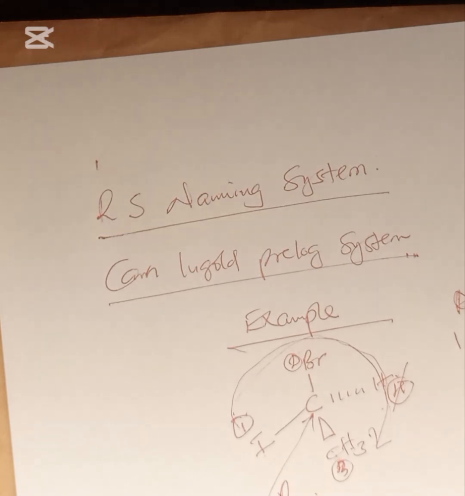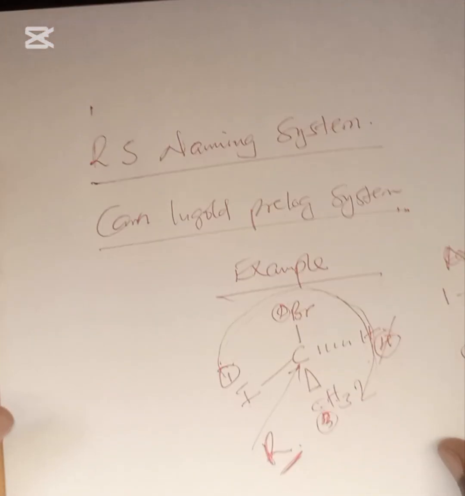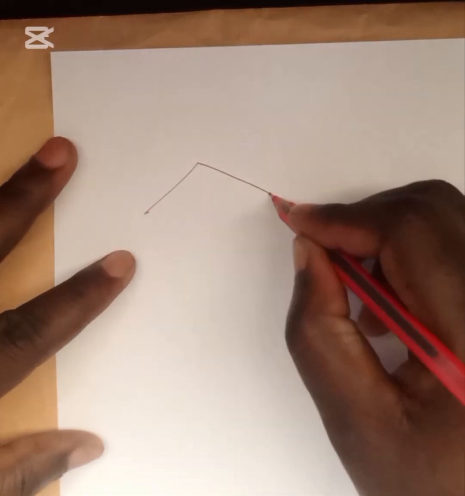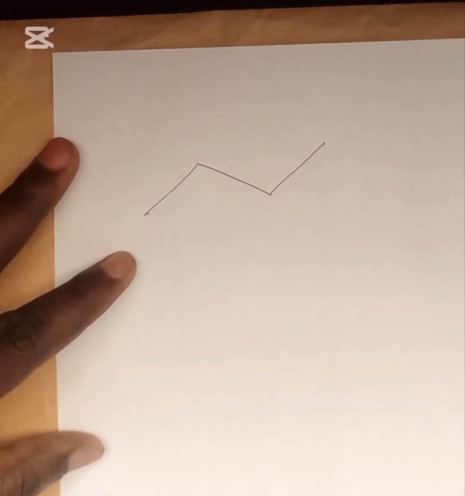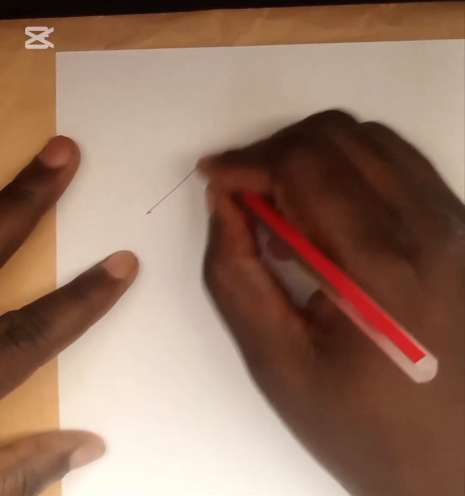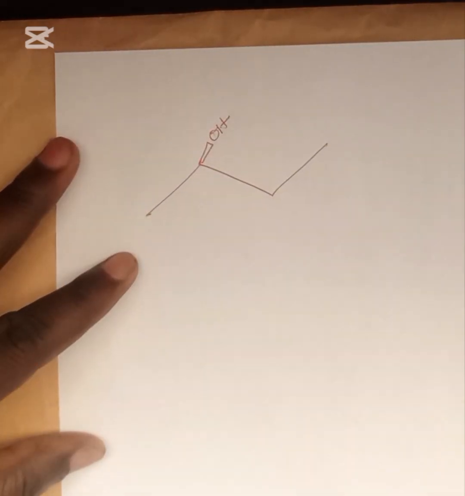Let's take another example in order for us to be able to understand this. What if we do like this? Okay, we do like this, and then let's have our OH here, like that.